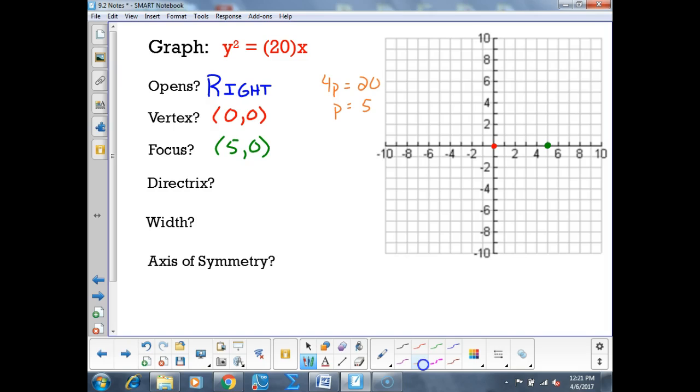Remember, your focus is inside your parabola. So that's why we're going to the right with that.